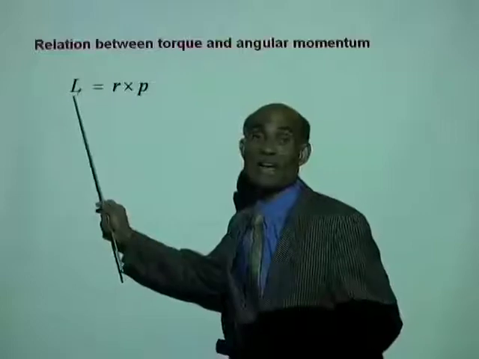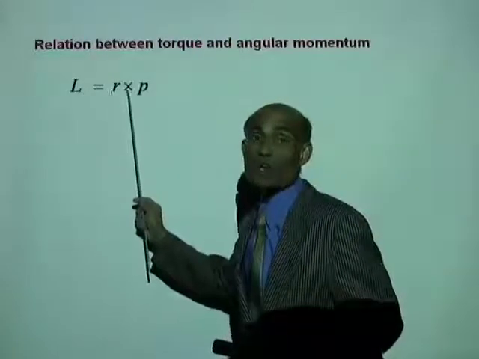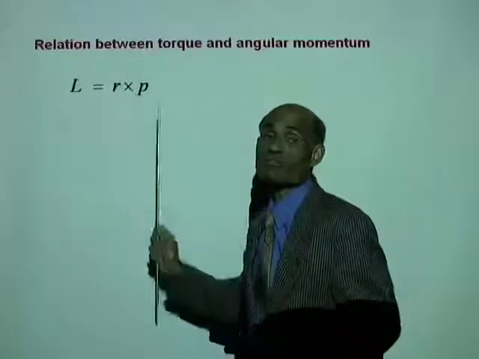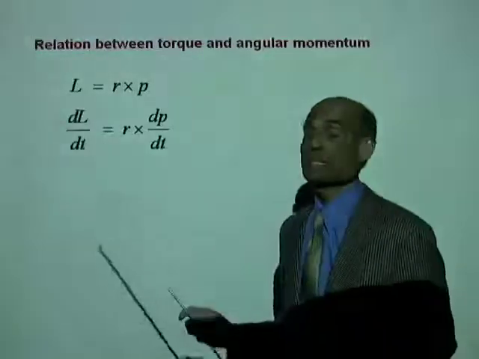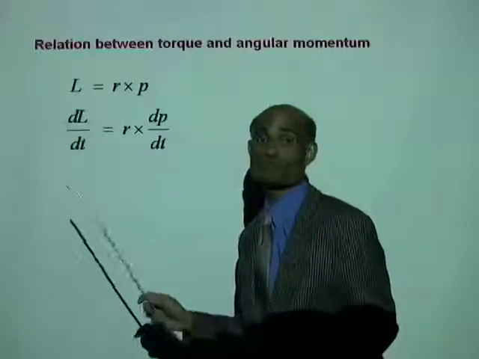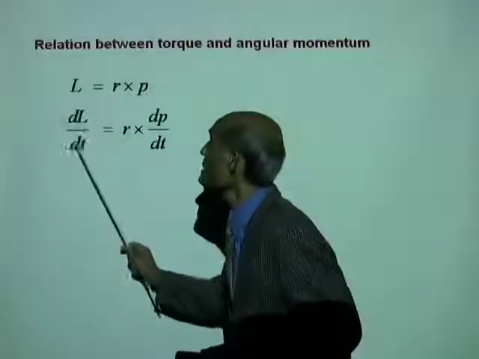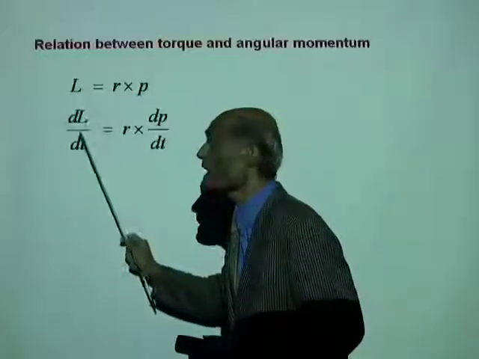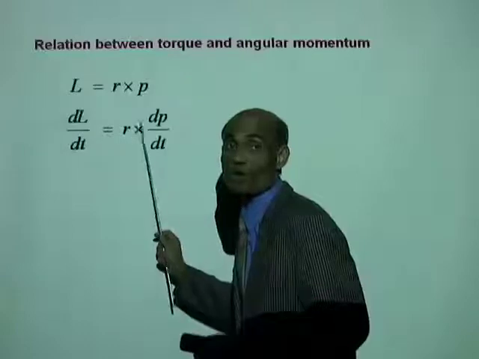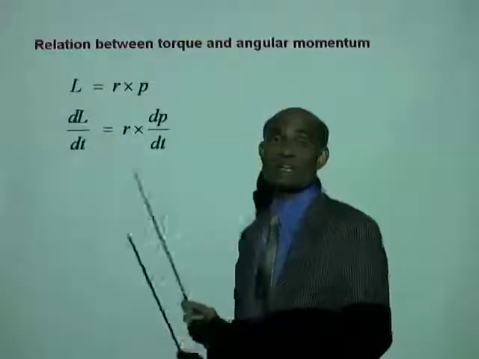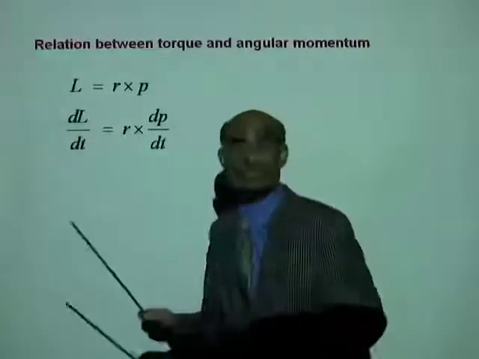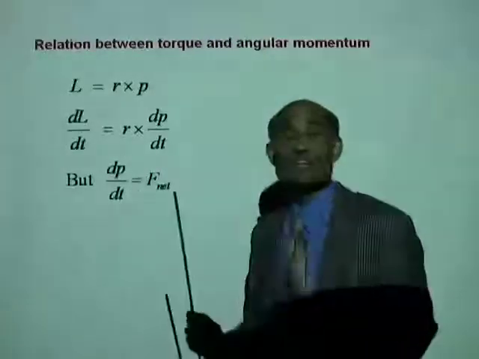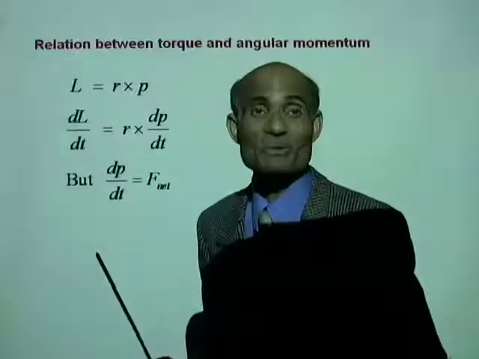You know that angular momentum is R cross P, the cross product of the R vector and the P vector. Let's take the derivative of this. dL by dt, knowing that R is a constant vector, is R cross dP by dt. Is that right? That's no problem there. But dP by dt is the net force. That's the one I just asked you.